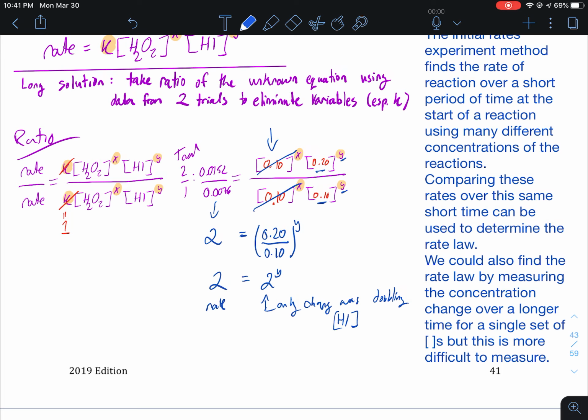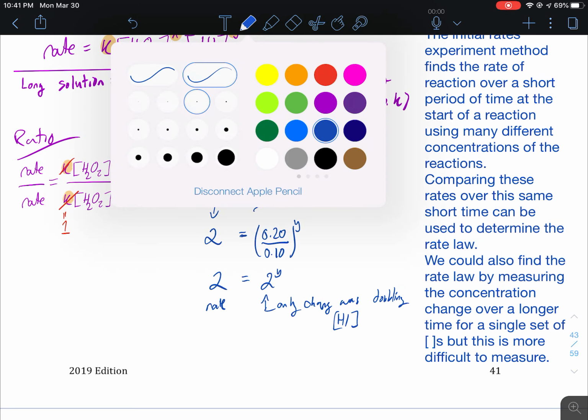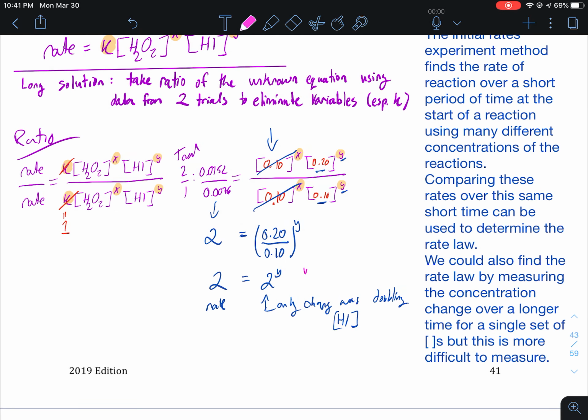If the only change was a doubling of HI, and the result was that the rate increased by 2, then that means that there is a direct relationship between the increase in HI and the increase in rate. A direct relationship implies that the exponent that is affecting that 2 has to be y equals 1. Okay, there's a direct relationship.